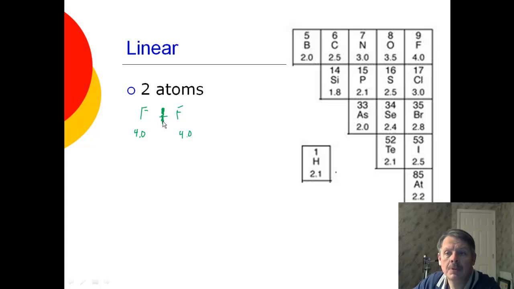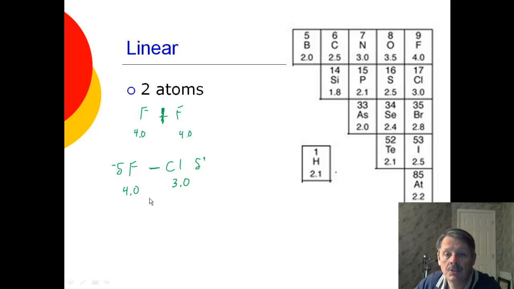But what happens if I bond two things together, like fluorine, and I bond it to chlorine. Well, chlorine is 3.0, and fluorine is 4.0. So clearly the electrons are going to spend more time over by fluorine, so that means fluorine is going to end up with a slightly negative charge, and chlorine is going to end up with a slightly positive charge.